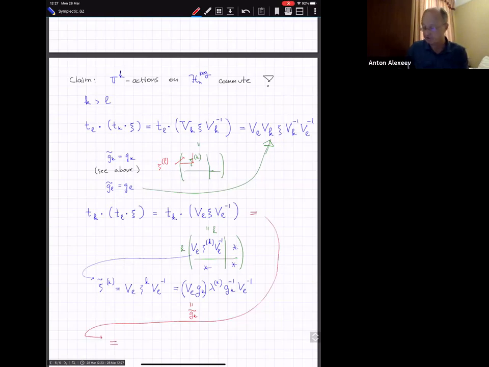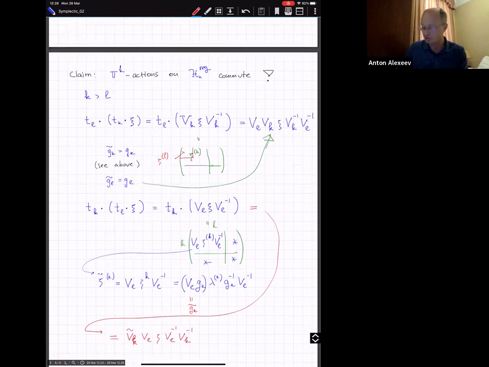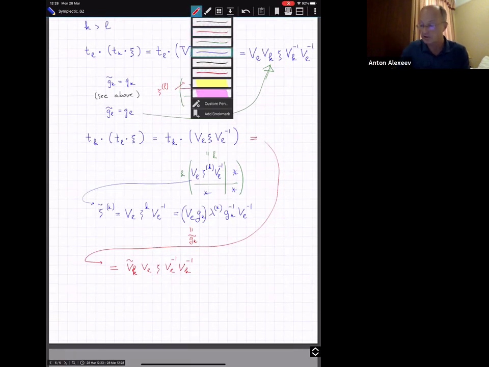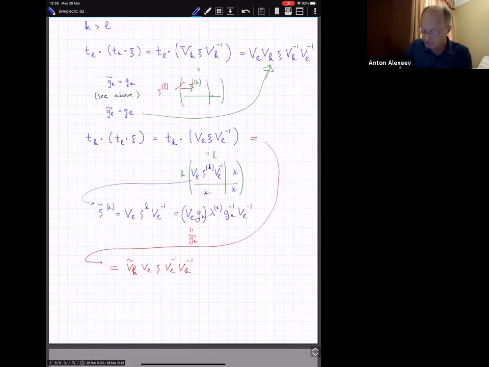Now we can continue the calculation. And this is equal to VL tilde, VK tilde, VL, ψ, VL⁻¹, VK⁻¹. And well, now we need to figure out what is VK tilde VL.